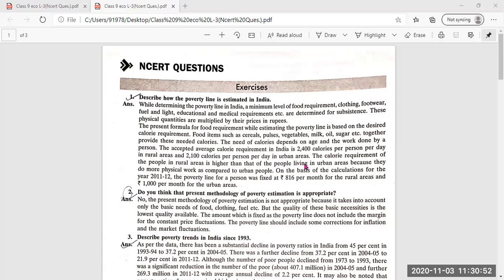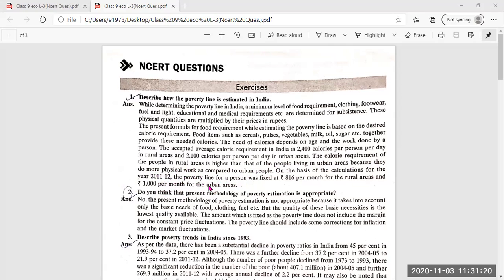Then the calorie requirement of people in rural areas is higher than that of people living in urban areas, because they do more physical work as compared to urban people. And on the basis of the calculations for the year 2011-12, the poverty line for a person was fixed at rupees 816 per month for rural areas and 1000 per month for urban areas.